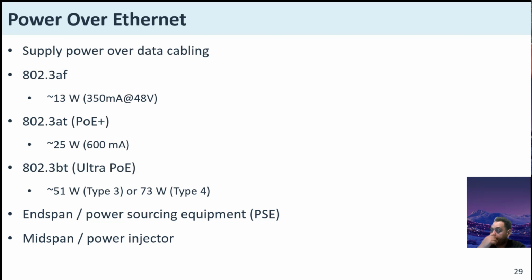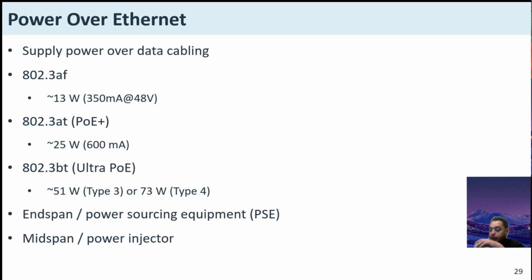Now we're going to discuss power over Ethernet, PoE, and that's a means of supplying electrical power from a switch through an ordinary Cat cable connected to a powered device, such as a voice over IP phone, a wired camera, a wireless access point, and that ensures that you are minimizing your cabling and not having to require an electrician to come up and install a power box next to your IP camera.